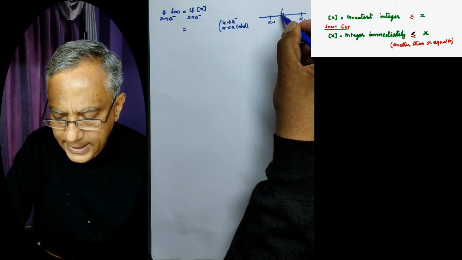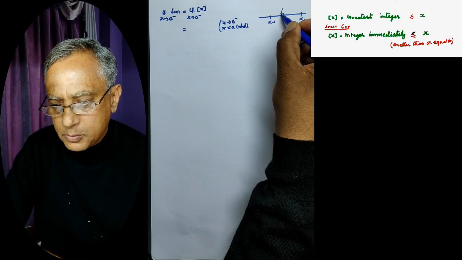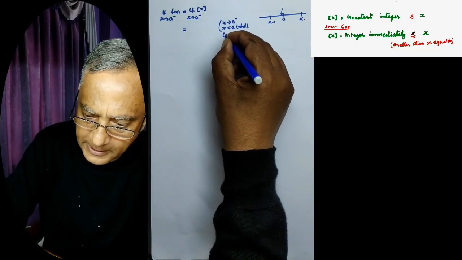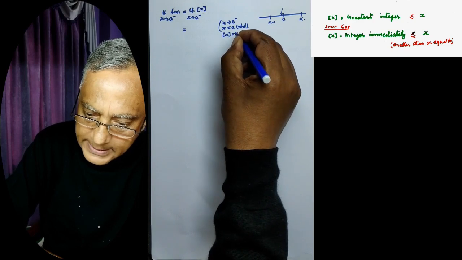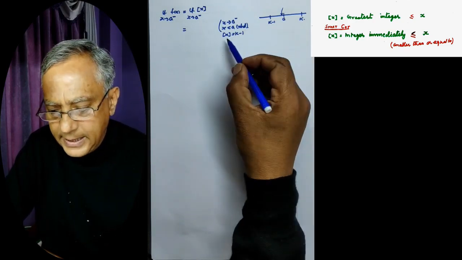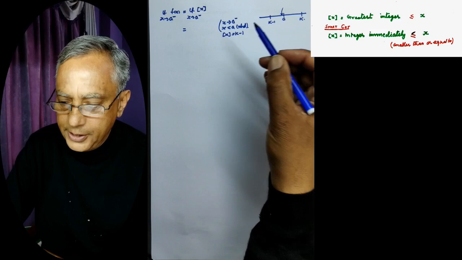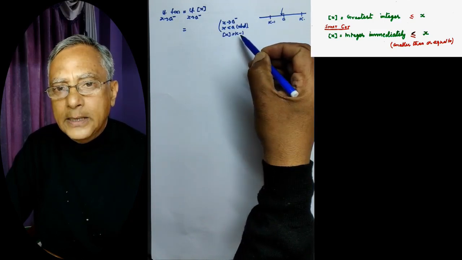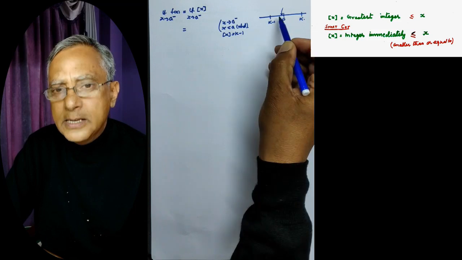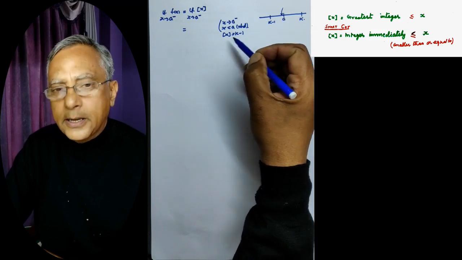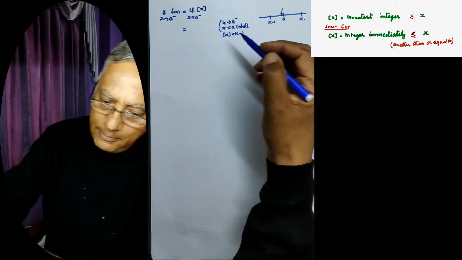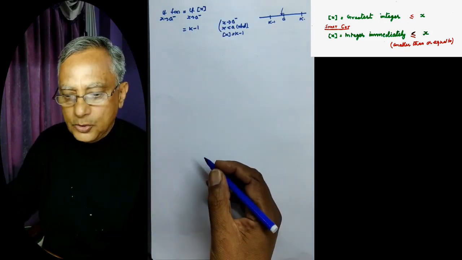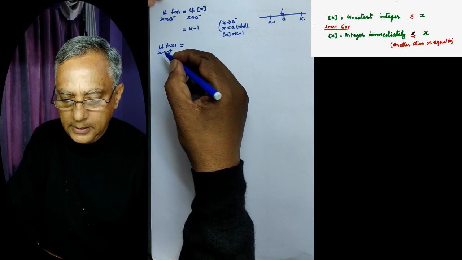For these points, the integer immediately smaller than this will be k minus 1. So integral value of x will be equal to k minus 1. We can interpret the greatest integer function as the integer immediately smaller than x. This is a simplified method of finding the greatest integer function. So this will be k minus 1.